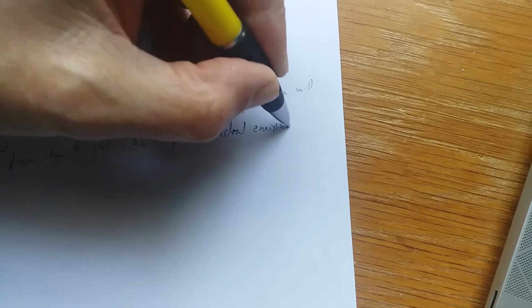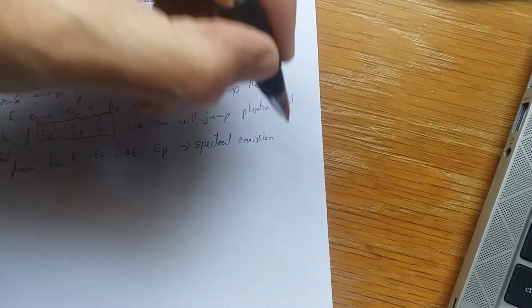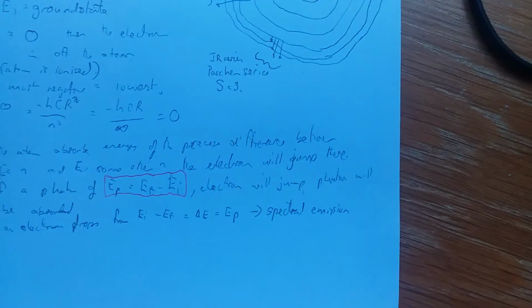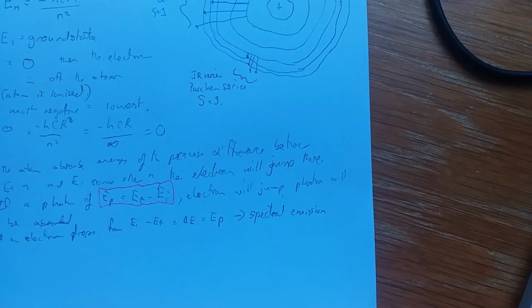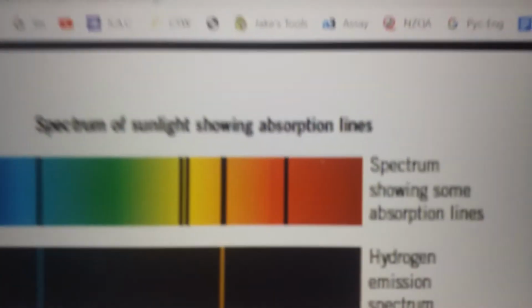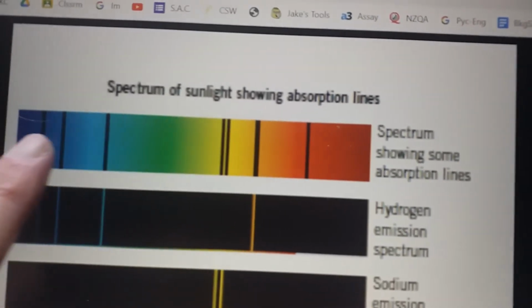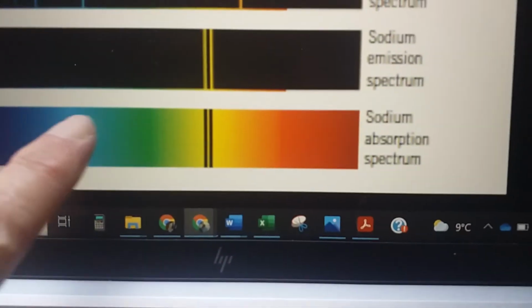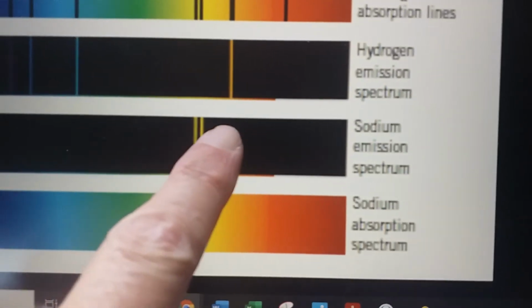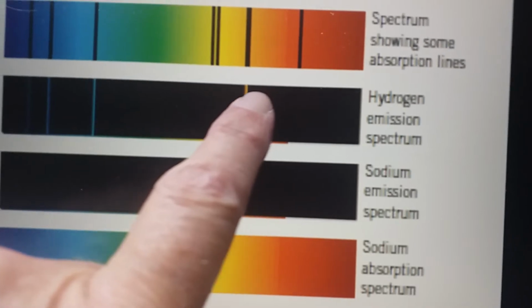Emission means to emit, so these are lines coming out. Absorb means to absorb. That means these are colours being absorbed by the atom, and they give us these black bits up here, where photons of those colours are being absorbed. There are some more down here. With these ones, the only colours coming out are the ones being emitted.